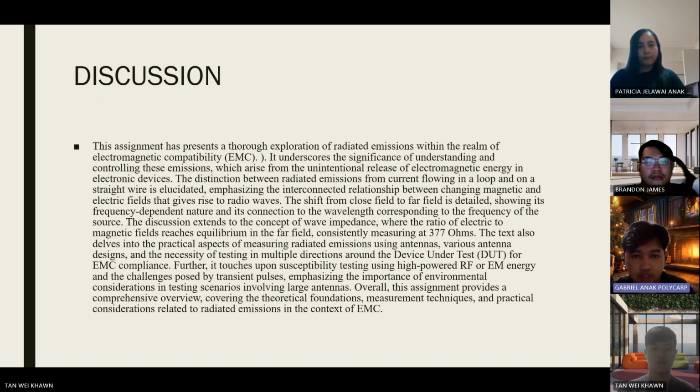Further, it touched upon susceptibility testing using high-powered RF or EM energy, challenged by transient pulses, emphasizing the importance of environmental consideration in testing scenarios involving large antennas.